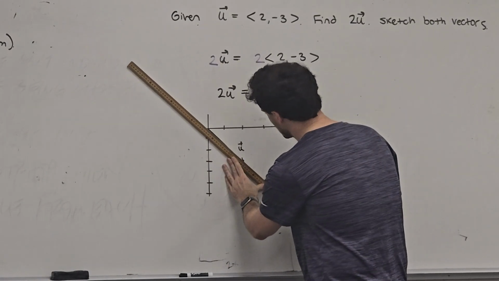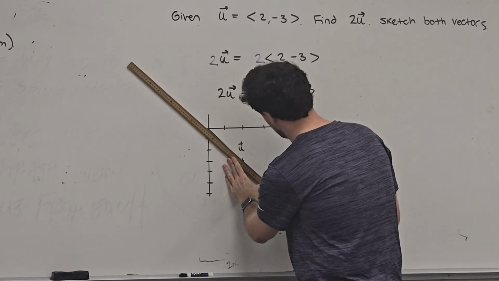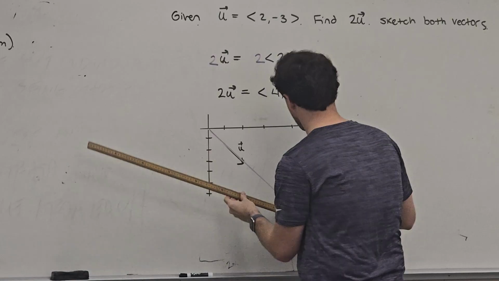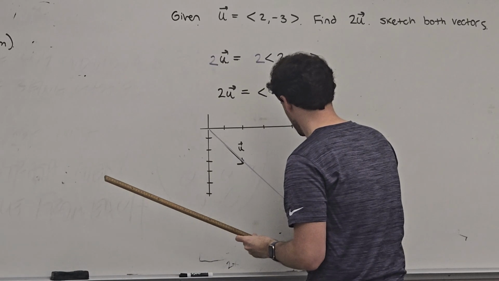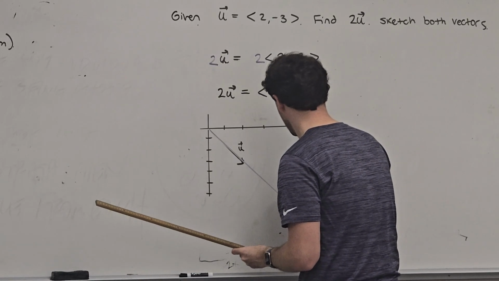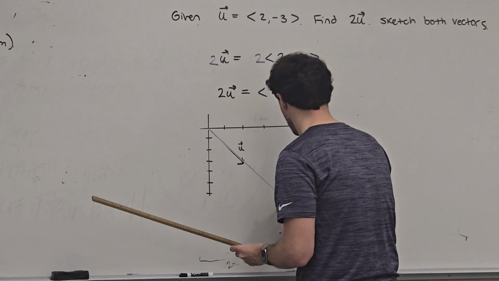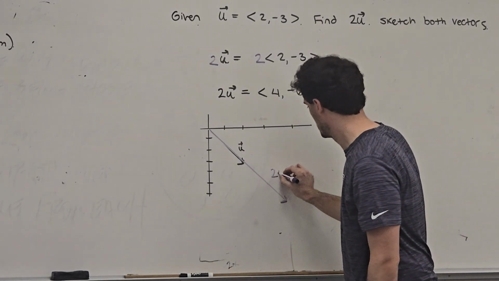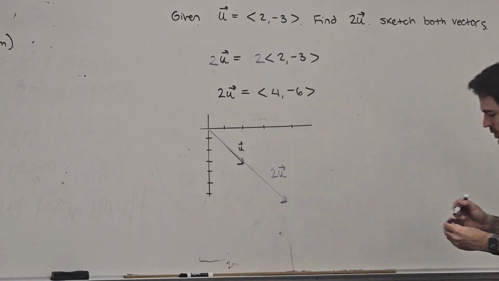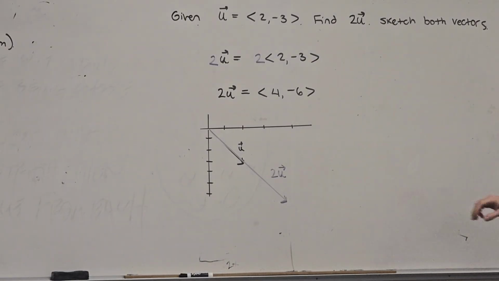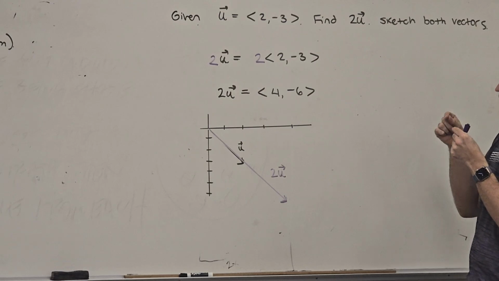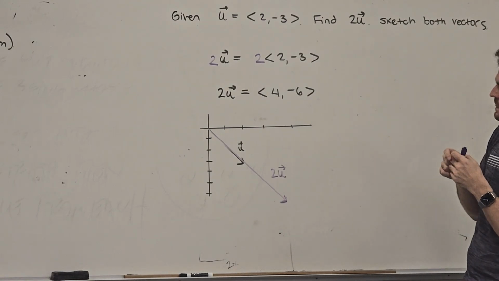Now when I sketch the vector 2u, the takeaway from the picture is that when you're scaling a vector, that is what you're scaling the magnitude by.